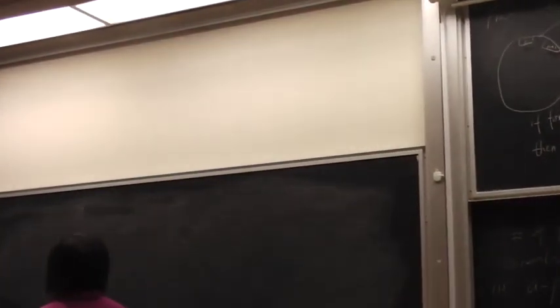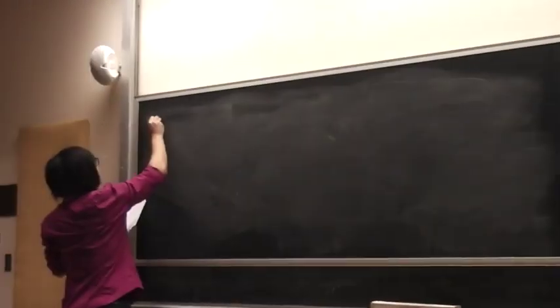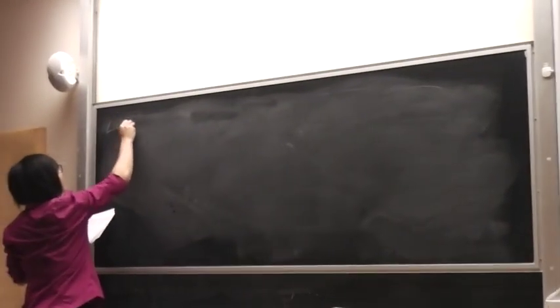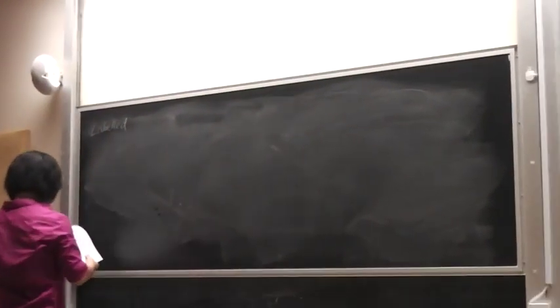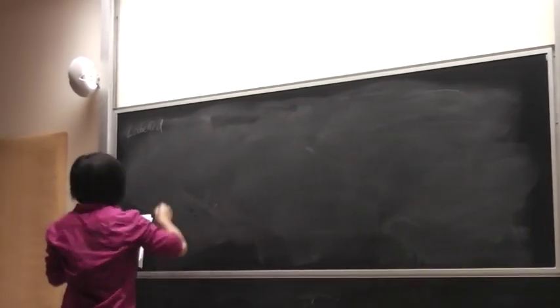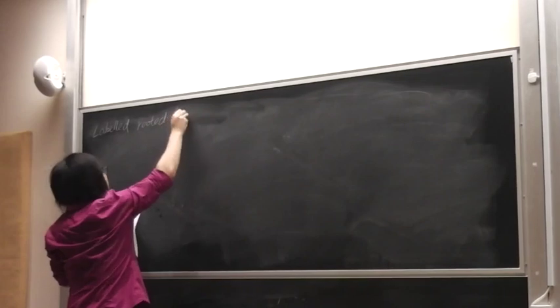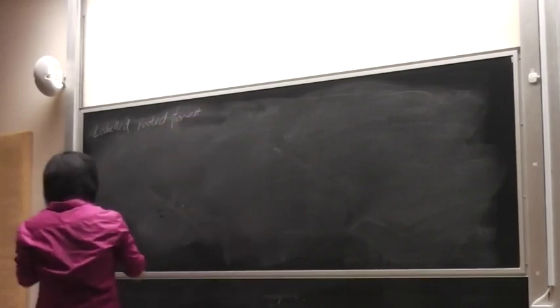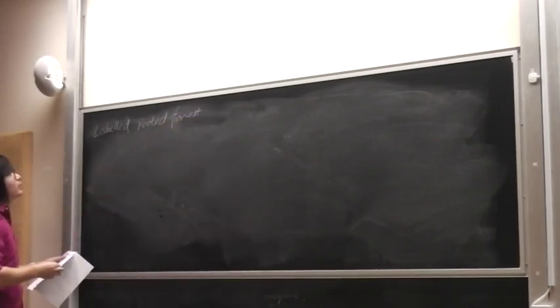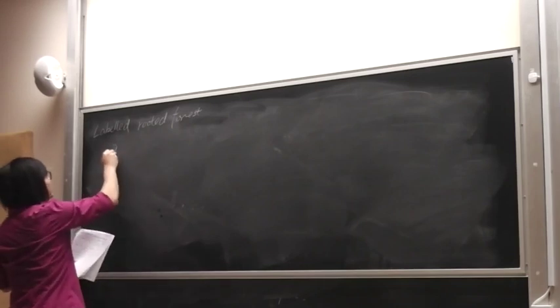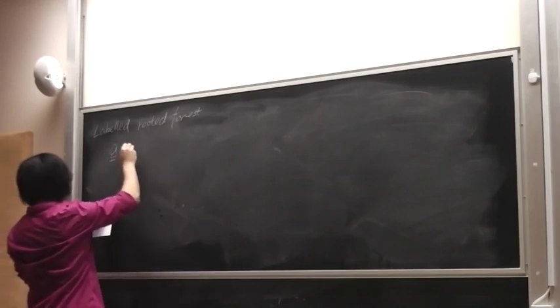So now let's talk about labeled rooted trees. Forest. So we can see the forest with a component here. It's a number.